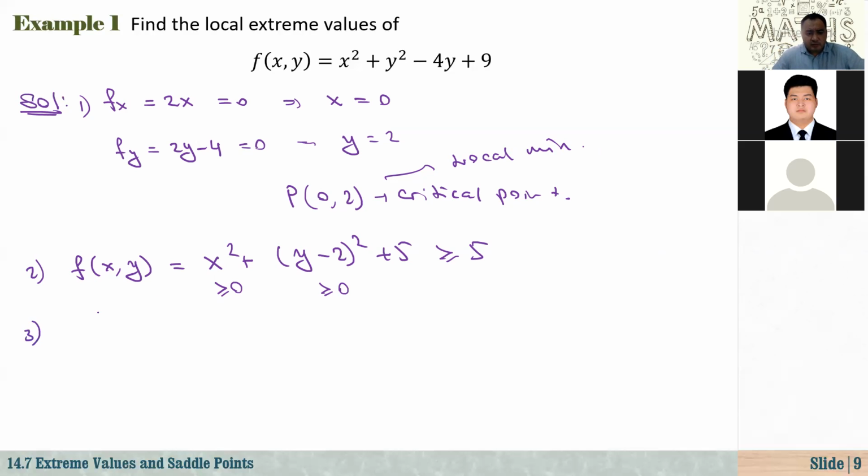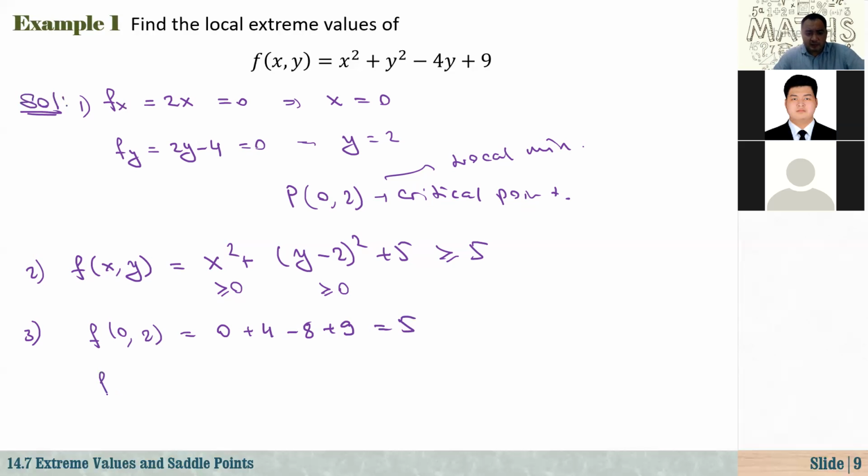The second method: since there is only one critical point, I just identify whether it gives us the minimum or maximum value by evaluating the function at two different points. At this critical point (0, 2), that's equal to 0 plus 4 minus 8 plus 9, which is 5.